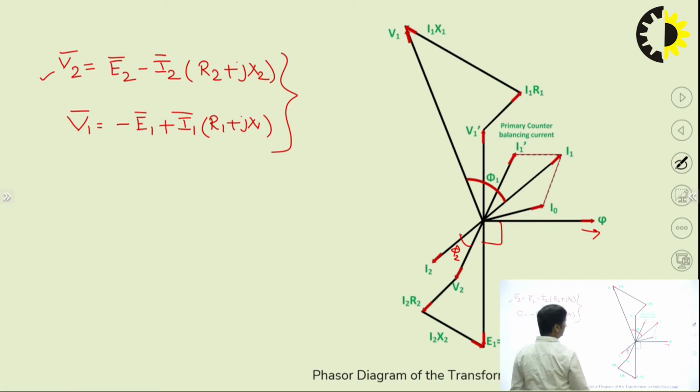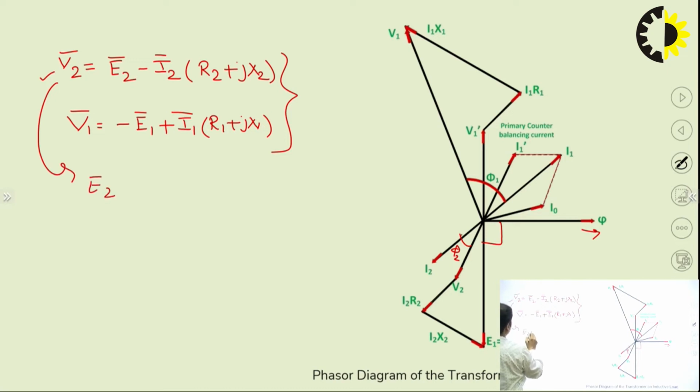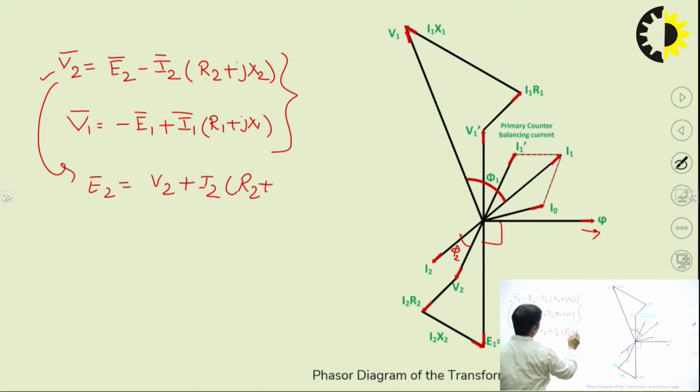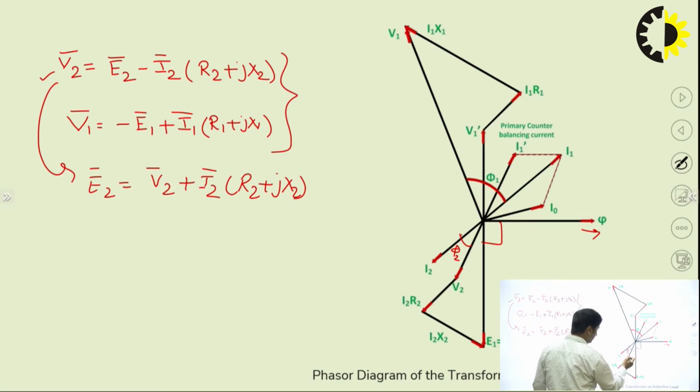Now let us take the secondary side. E2 must be equal to V2 plus I2 into (R2 plus jX2). So E2 will be equal to V2 plus I2 R2. I2 R2 is a resistive drop that will be in phase with the current.